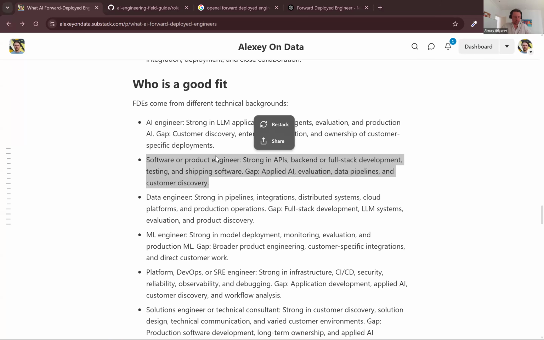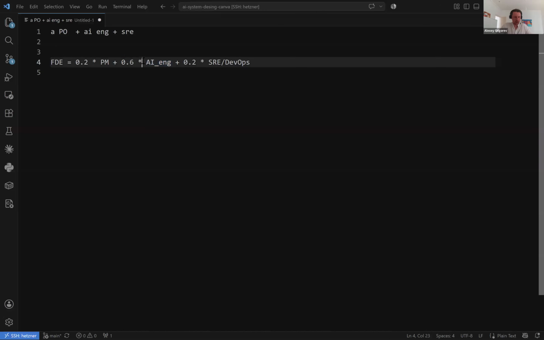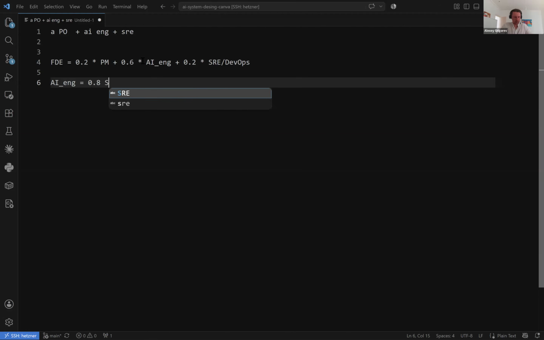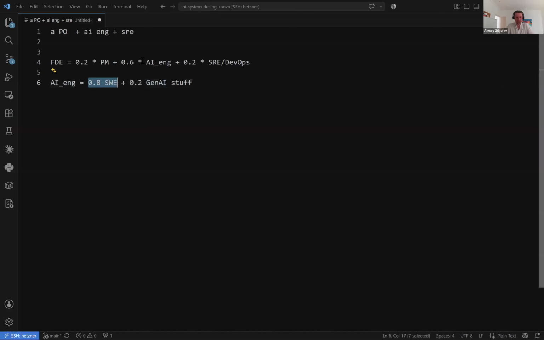If we now decompose AI engineer more, an AI engineer is, let's say, 80% software engineer plus 20% all this Gen AI modeling stuff. I don't want to use the word data scientist. But they are software engineers, right?